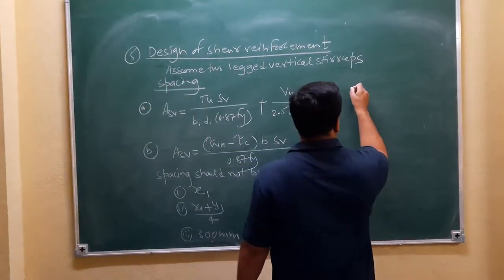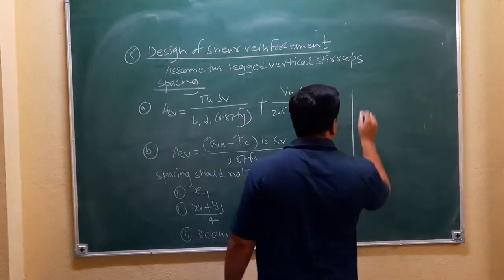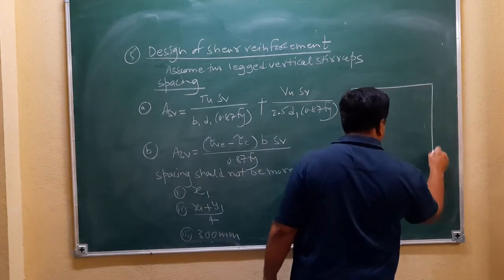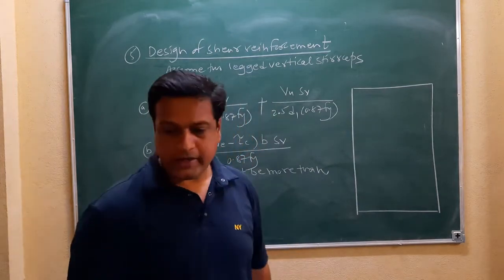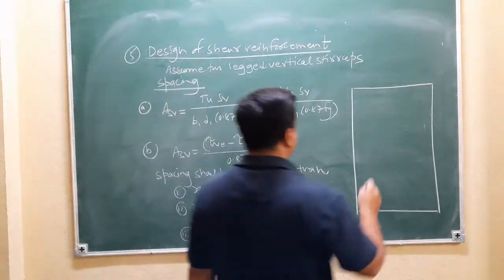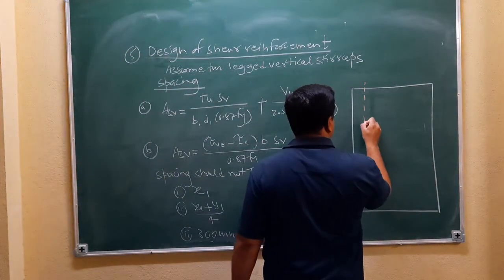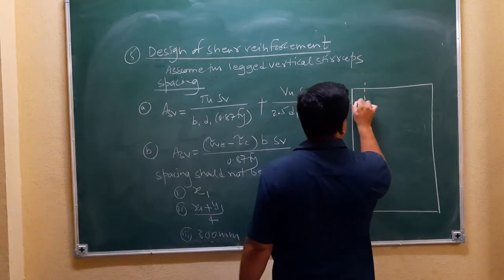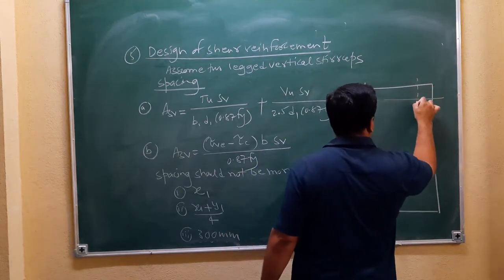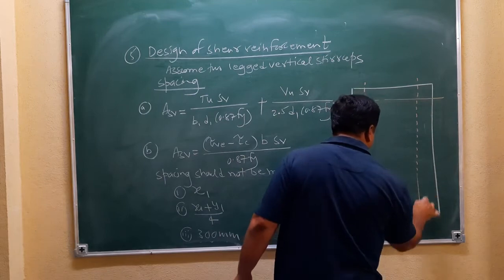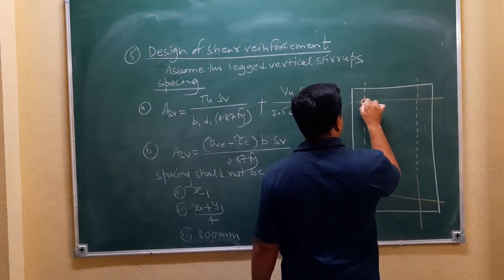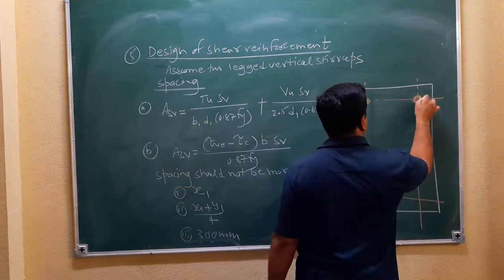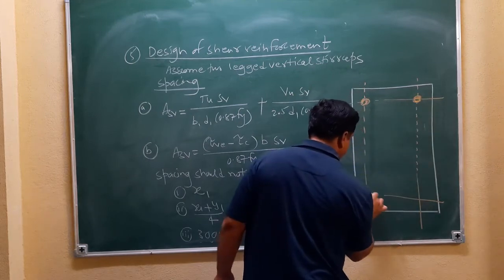So let us see exactly what is the B1, what is the D1. I will tell you by drawing one diagram. This is the alignment of reinforcement. This is the compression steel, this is the tension steel.